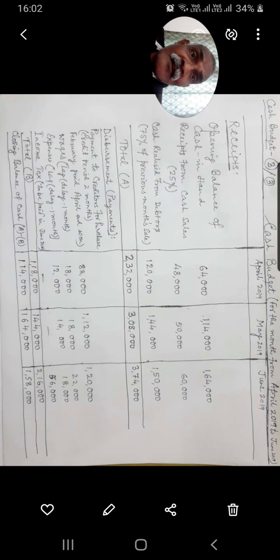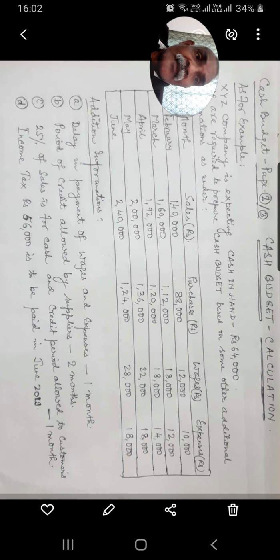And the cash you will realize after 1 month from debtors is how much? 75% of the previous month, that is the sale of March. 75% of the sale of March you will receive in the month of April. So how much amount of sale did you do in the month of March? 1,60,000 rupees. So 25% of 1,60,000 you have received in the month of March only.